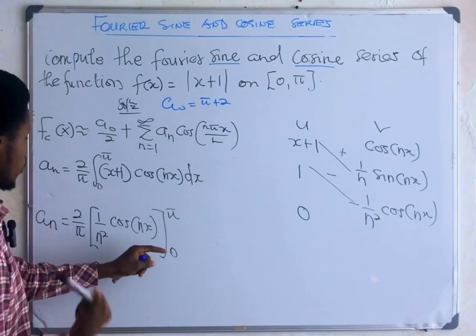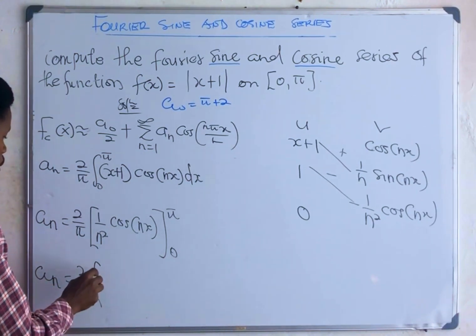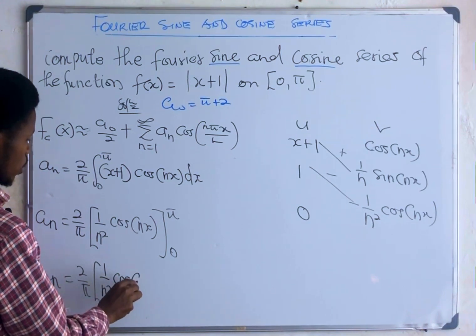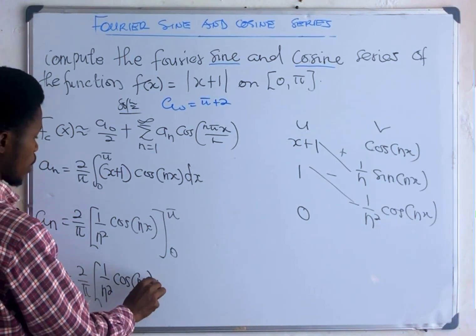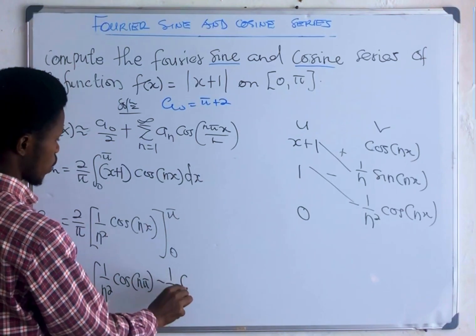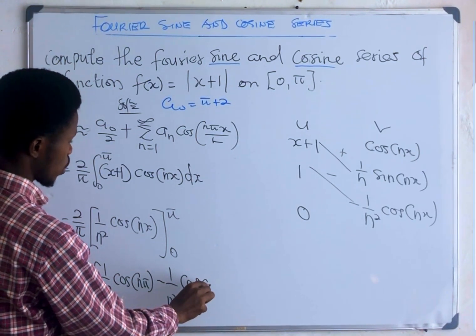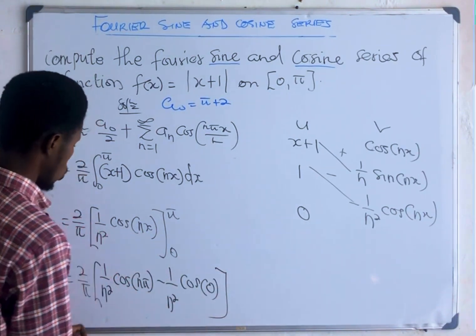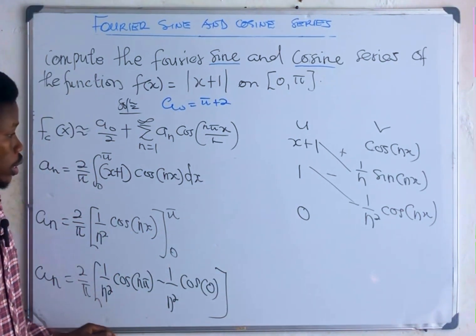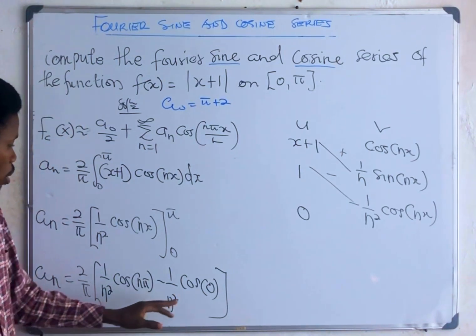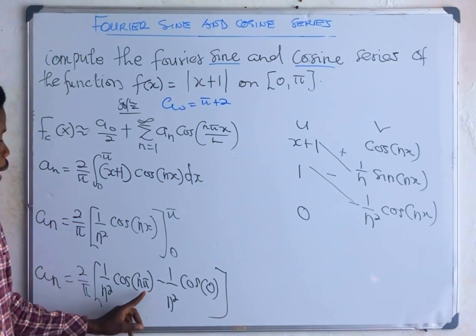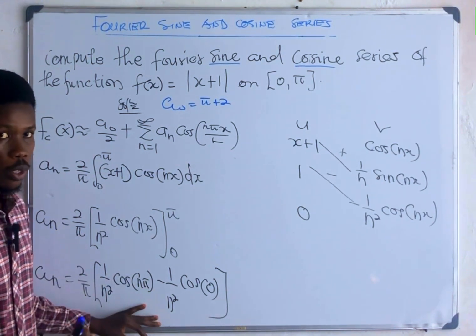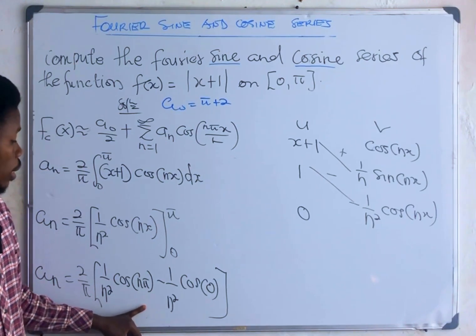If I put pi here, I'm going to have 1 over n squared cos n pi, minus 1 over n squared cos 0. Because if I put 0 here, that makes everything 0. Now, cos 0 is 1. Cos n pi is negative 1 to the power n. I have already explained this one in my previous video, so you can go and check for it.